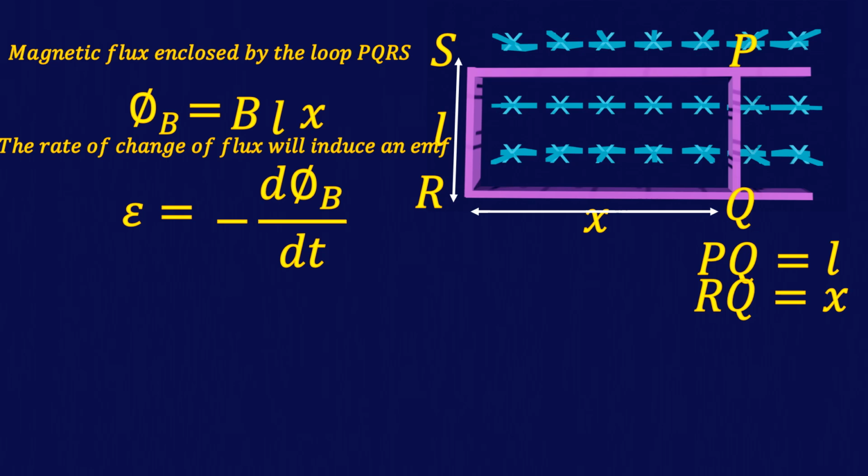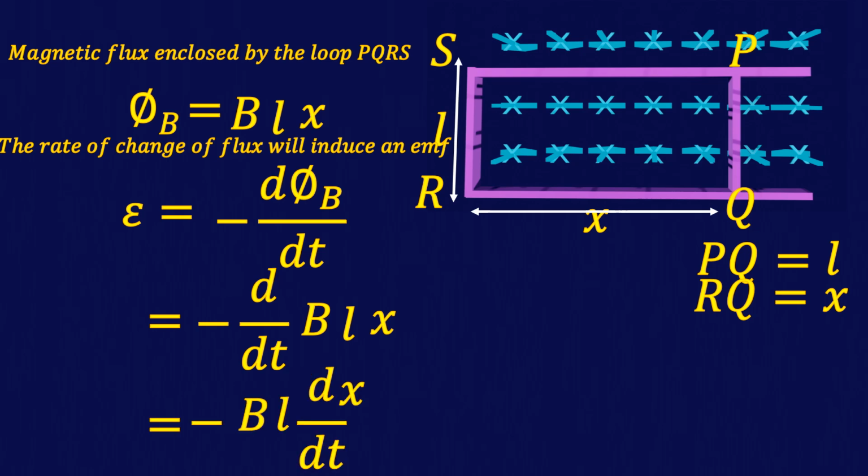The rate of change of magnetic flux will induce an EMF. So EMF is equal to minus dΦB by dt. Substituting this ΦB value, that is the magnetic flux value, and rearranging the equation, we get minus B into L into dx by dt.